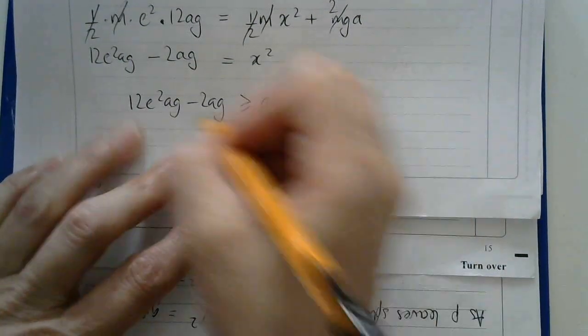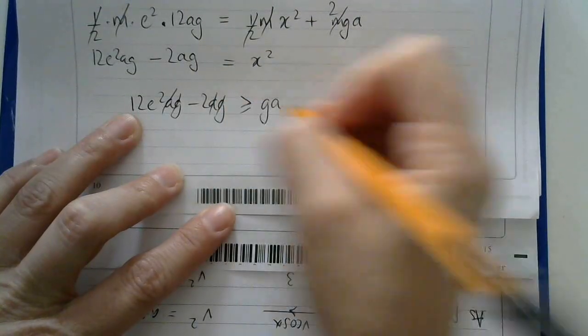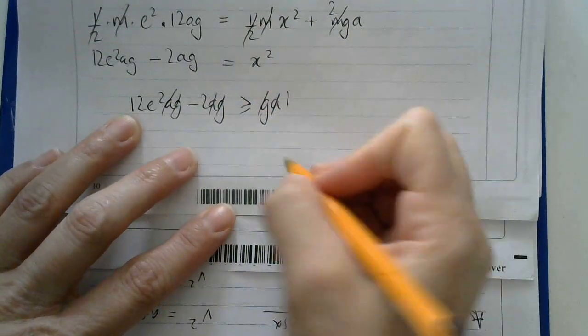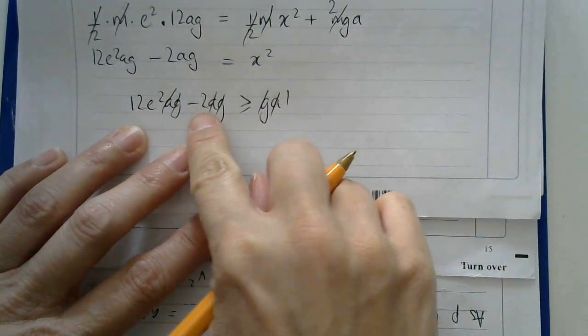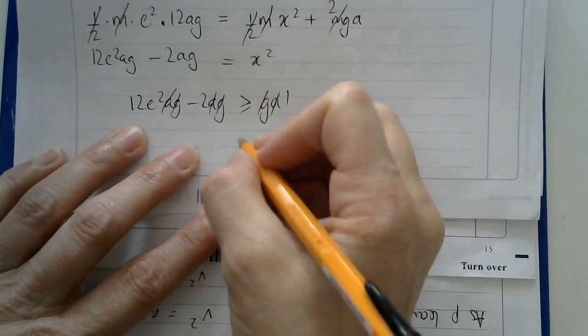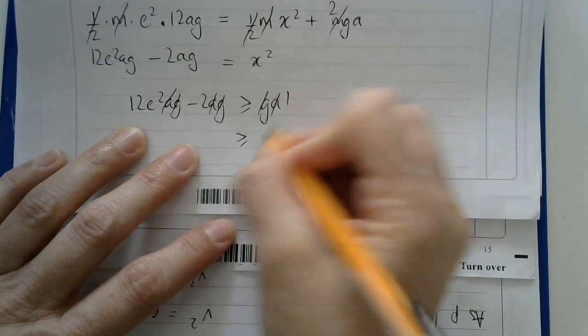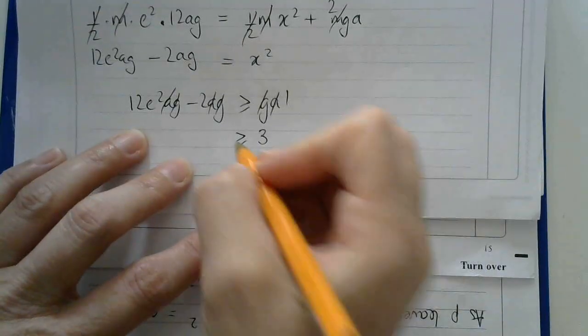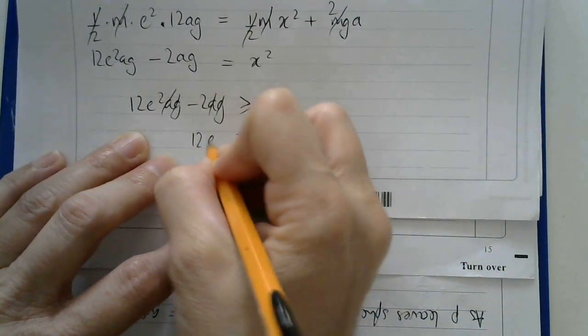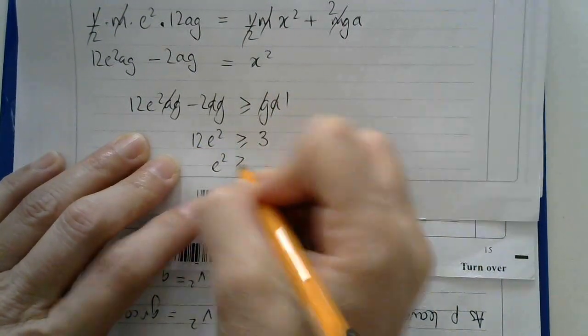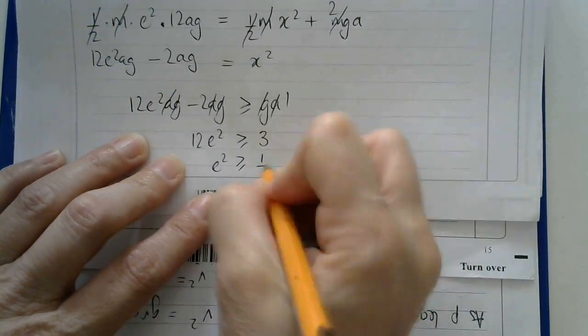So dividing everything by ag, because I'm sure that a and g are both positive, then I can add 2 to both sides. So here I'll get 1 plus 2, 3. Here I'll get 12e squared, and so I'll get e squared is bigger than or equal to 3 divided by 12, which is 1/4.